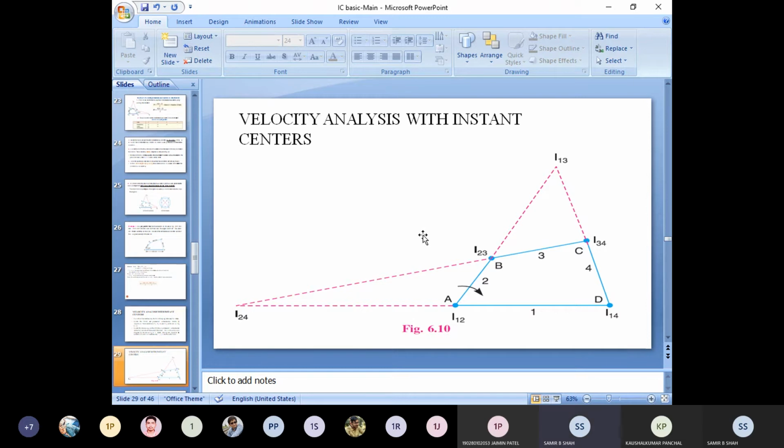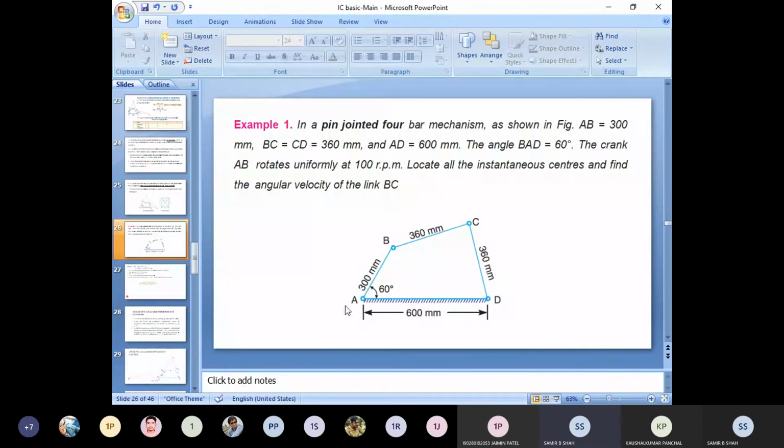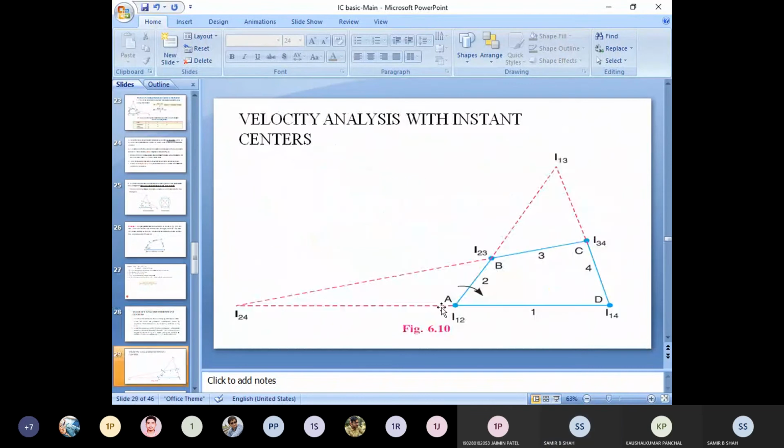From the data, we already defined that link 1 is a fixed link. So from this figure, we have considered the fixed and permanent I centers by inspection, and the centers are I12, I23, I34, and I14.